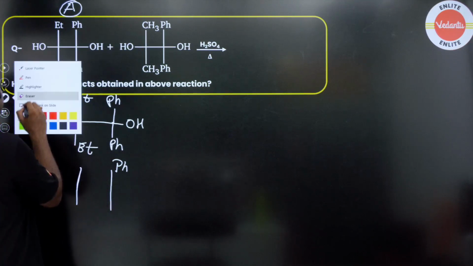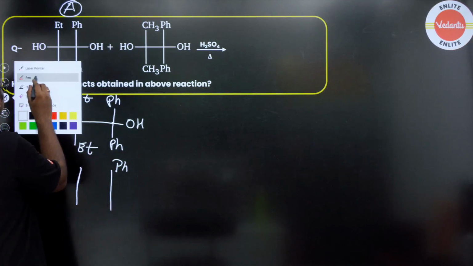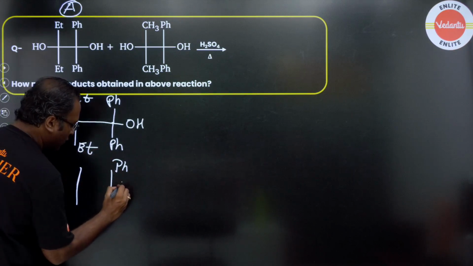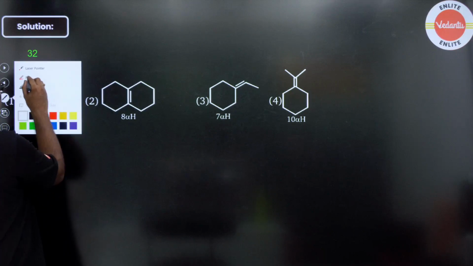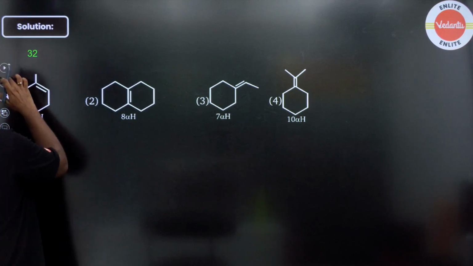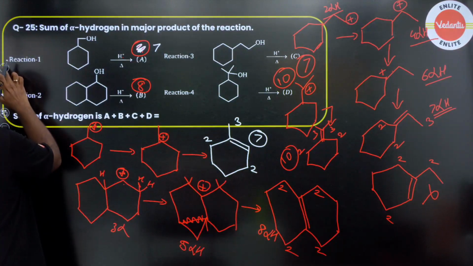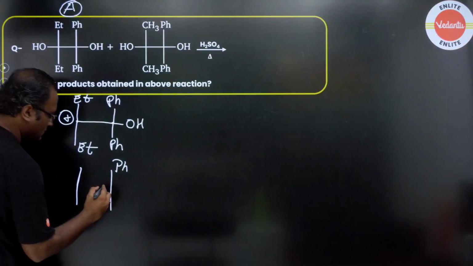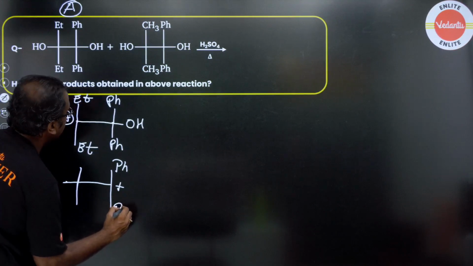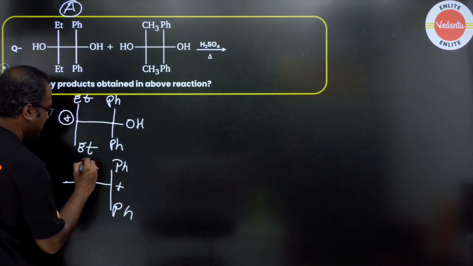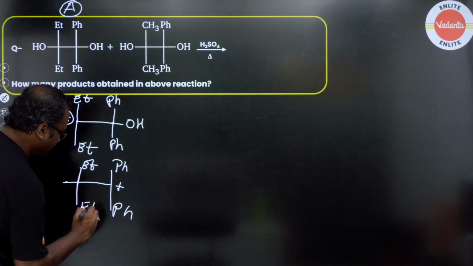So what are we expecting? We are then expecting a positive charge on the right carbon. Rest all of it remains as it is, ethyl.